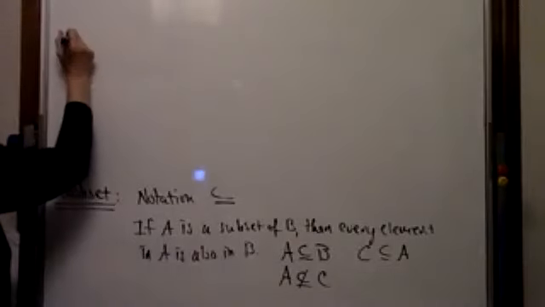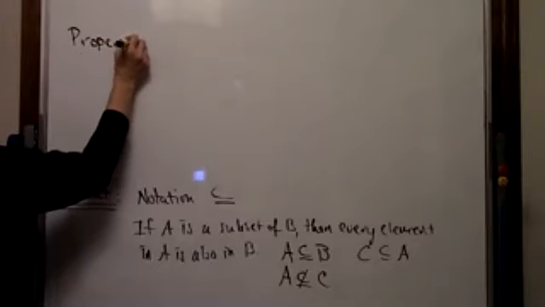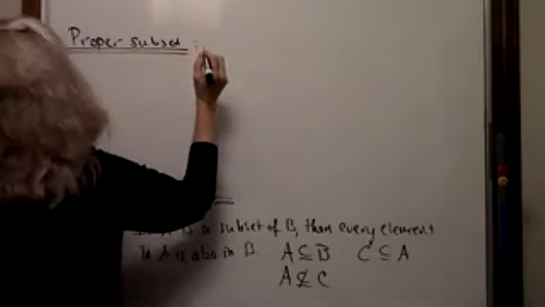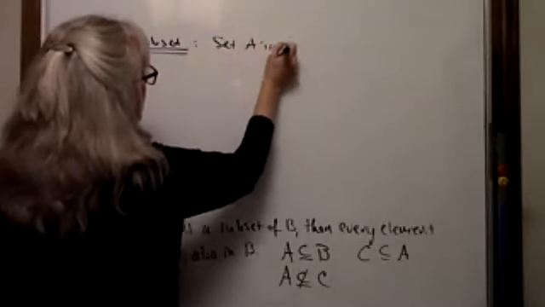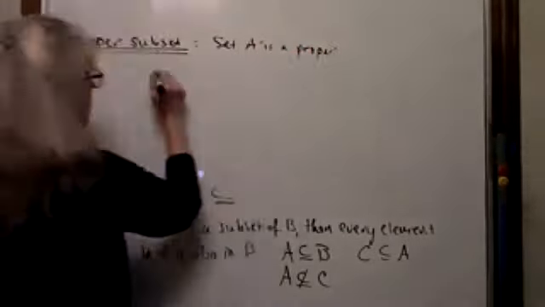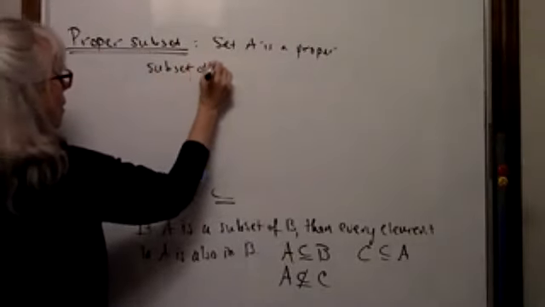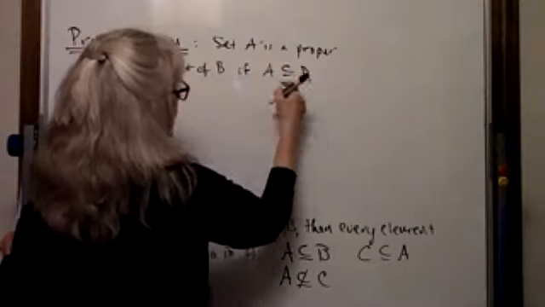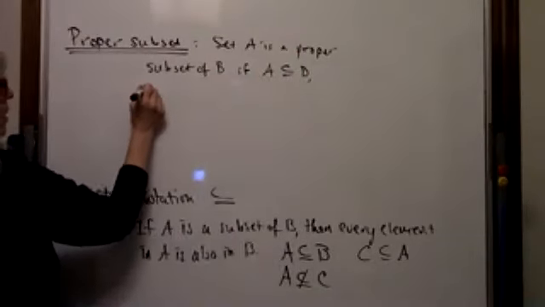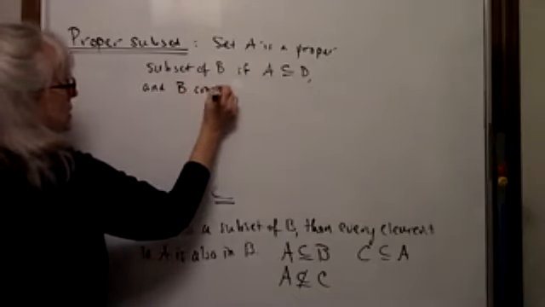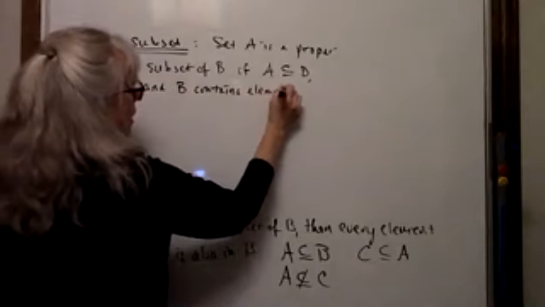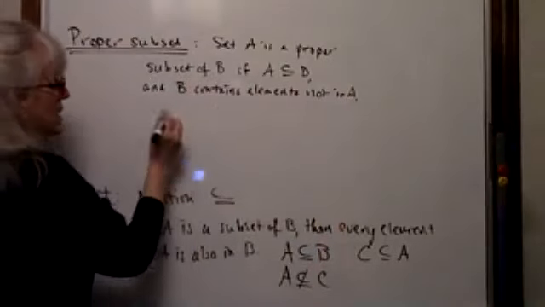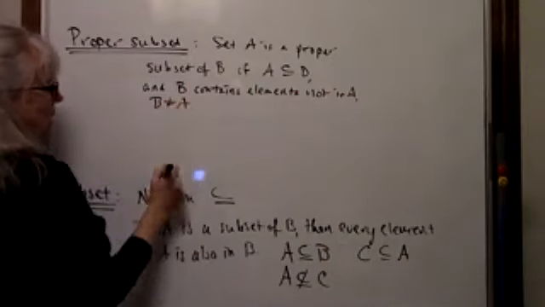So a proper subset simply says that set A is a proper subset of B if A is a subset of B and B contains elements not in A. In other words, they cannot be equal. In other words, B can't equal A. They can't be equal sets.